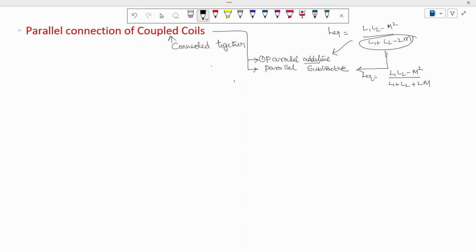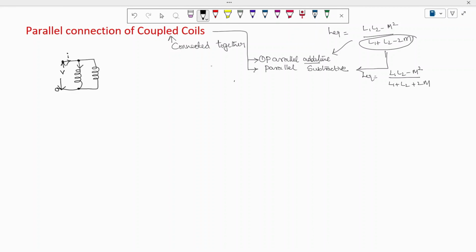So coming to here, to draw the circuit, I am taking two inductors in parallel. This is inductor 1 and this is another inductor, which are connected in parallel. Applying a voltage of V volts, a current of I amps starts traveling.